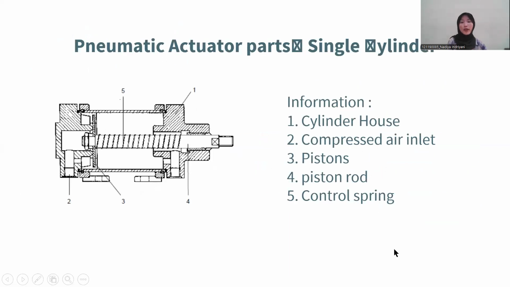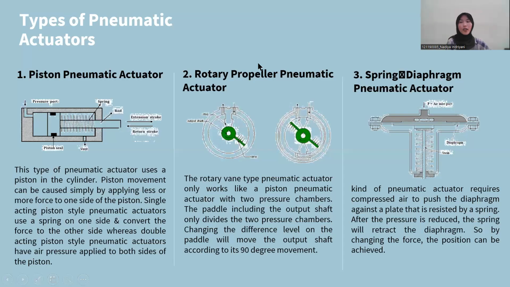Pneumatic actuator parts for a single cylinder. This one has a cylinder hose, compressed air inlet, piston rod, and control spring. Types of pneumatic actuator. The first, piston pneumatic actuator.